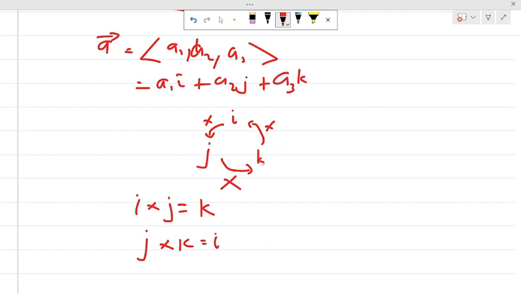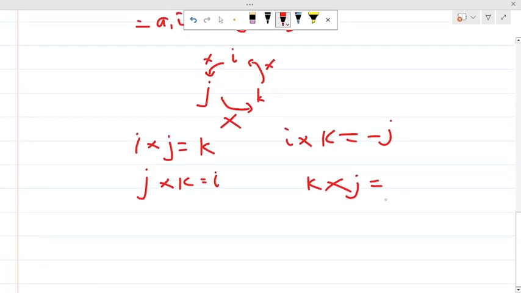So i cross k is going to give you negative j because we are going against the arrow. Now put your answer for k cross j in the comment section.